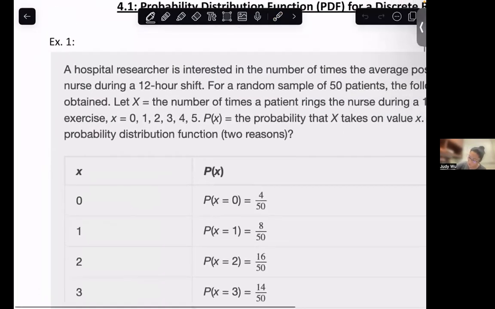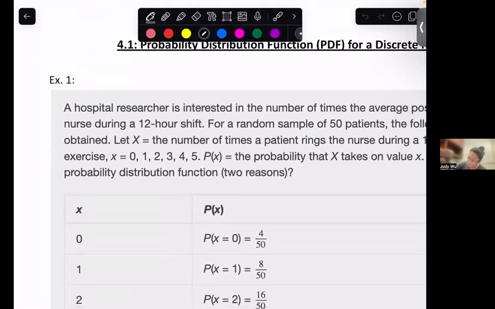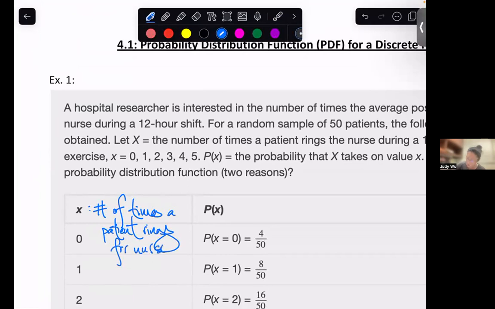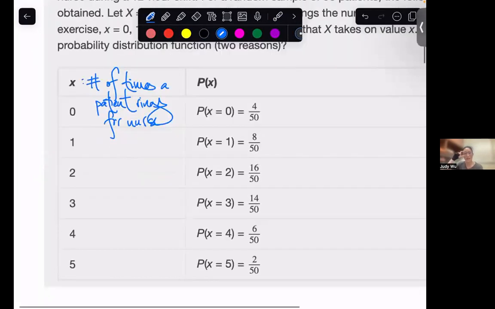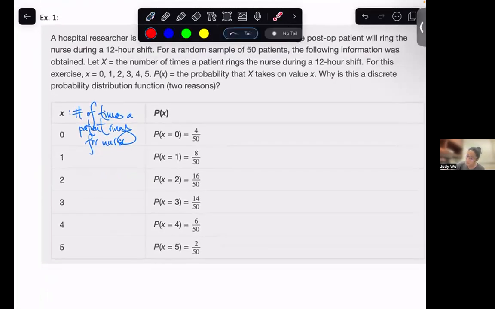So I'm just going to write over here that this X is actually the number of times a patient rings for the nurse, and then P of X, this other column, is the probability that that will happen.